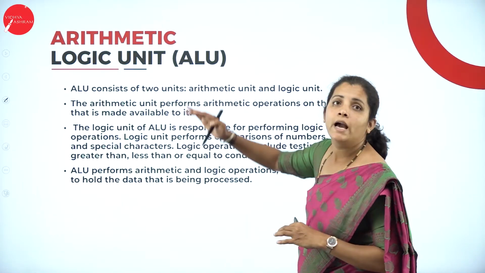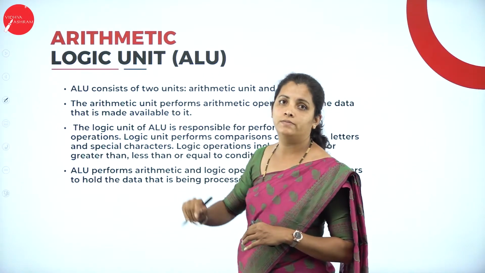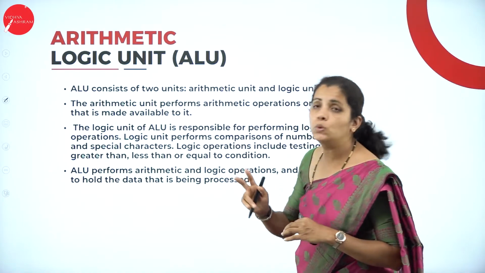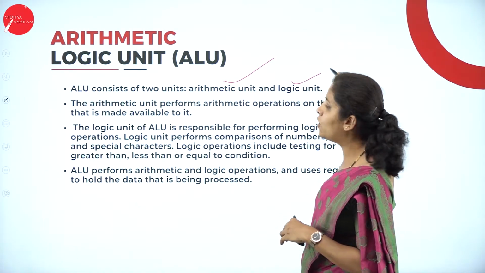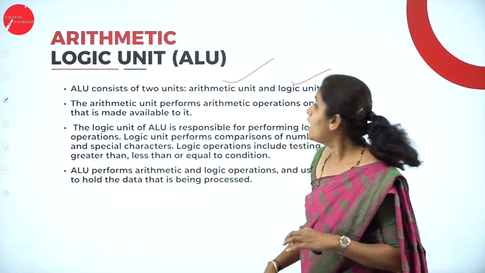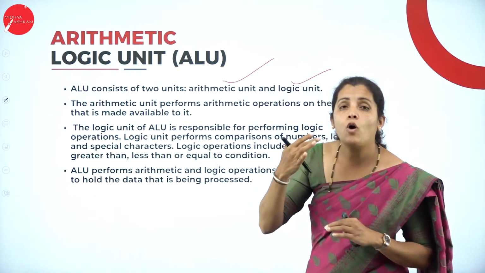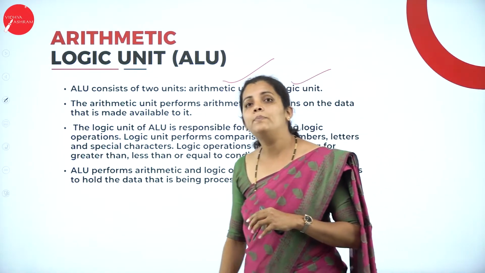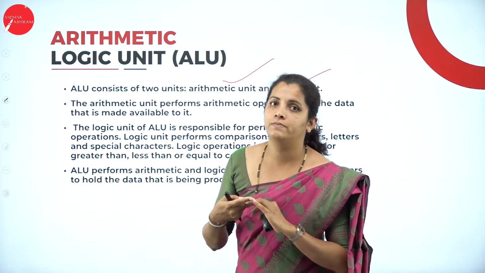Moving on to the ALU, that is the arithmetic logic unit. The arithmetic logic unit includes 2 units, that is the arithmetic unit and the logic unit. Here the arithmetic unit is responsible for performing all kinds of arithmetic operations, for example, addition, subtraction, multiplication and division.